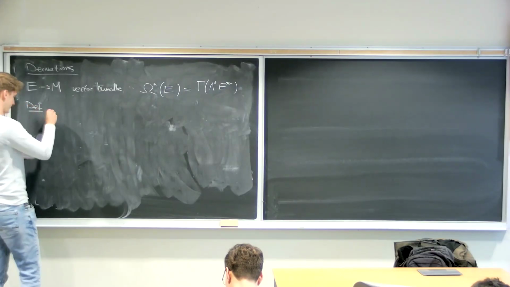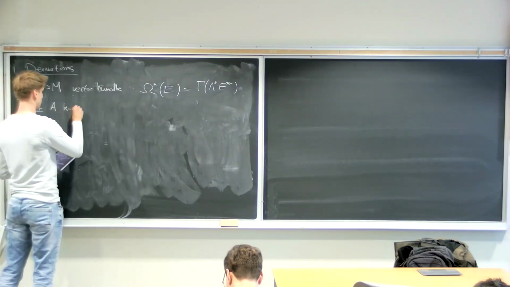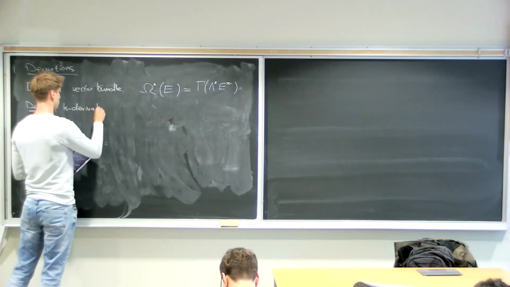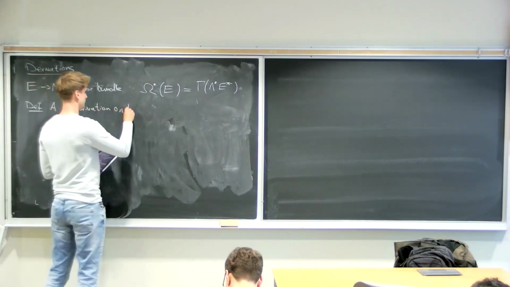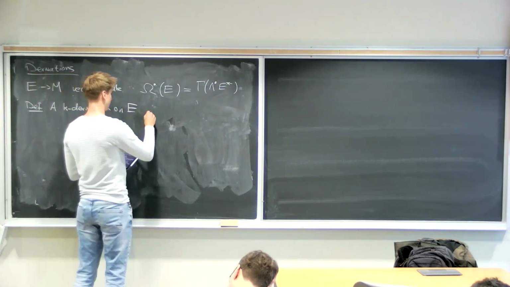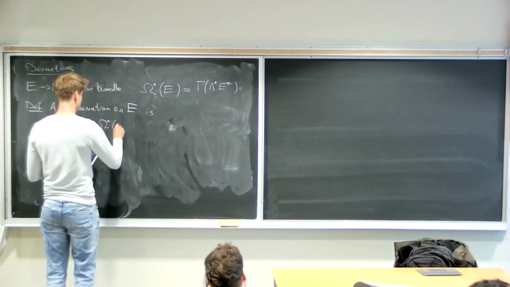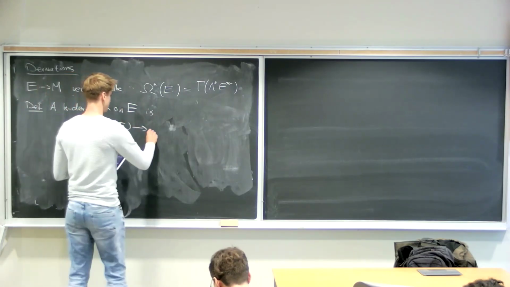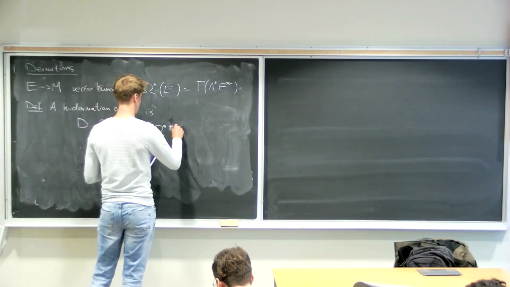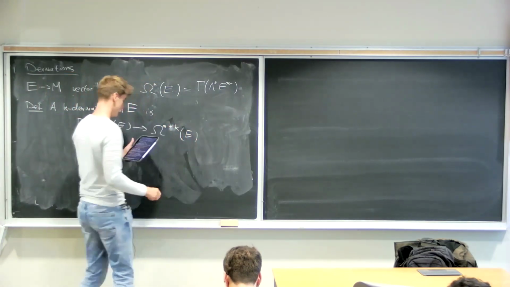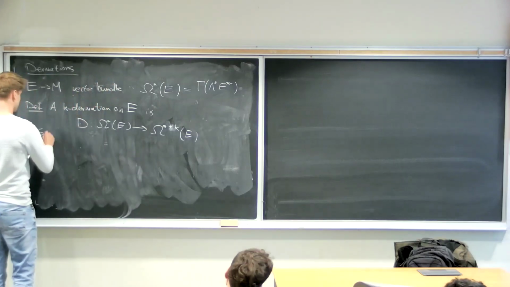So definition, a k-derivation on E is a map we call D on forms to forms of degree plus k that satisfies the Leibniz rule.